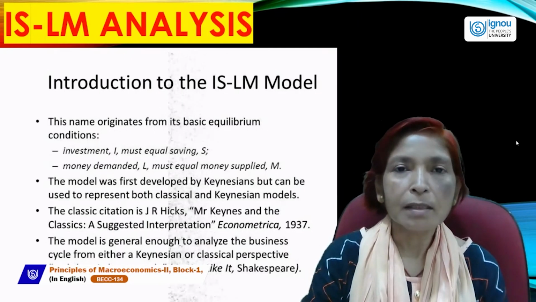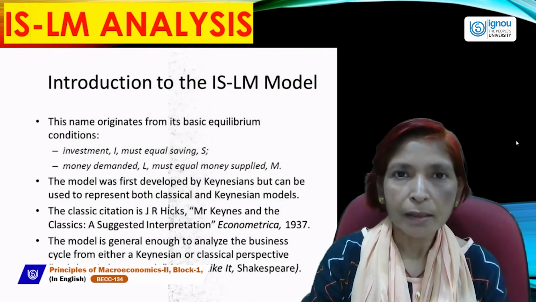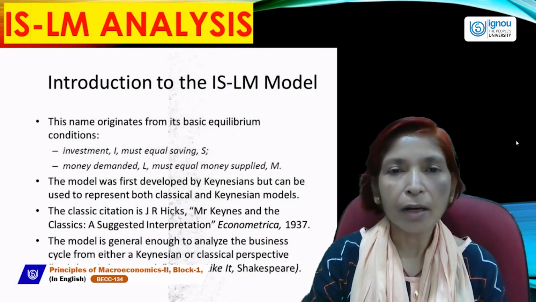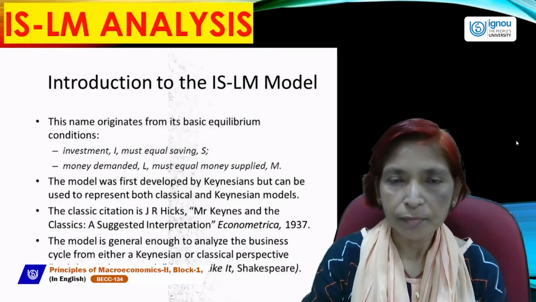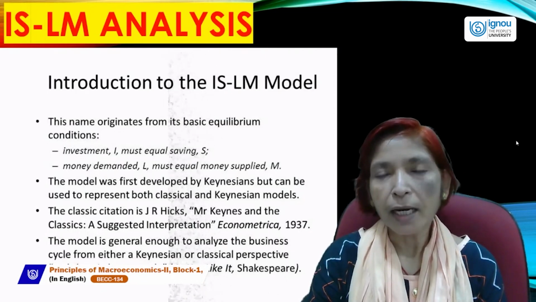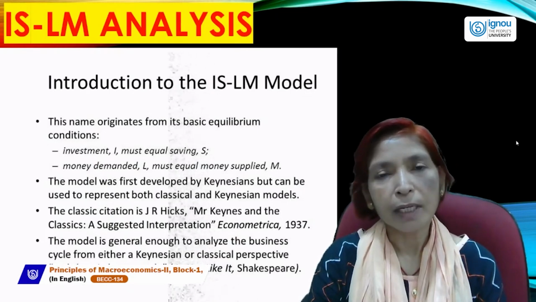So IS represents investment and saving, and investment must equal saving according to this model. And LM shows money supply and money demand. Money demand must equal money supply.